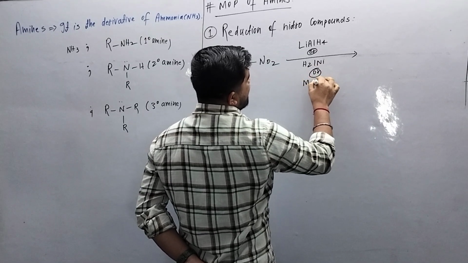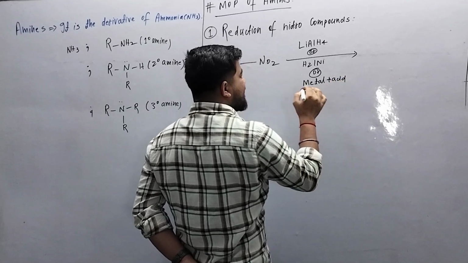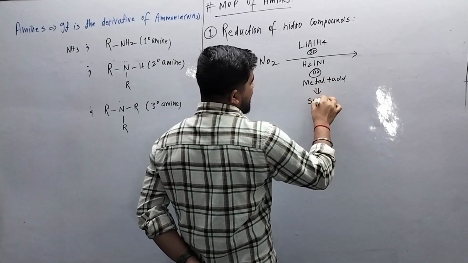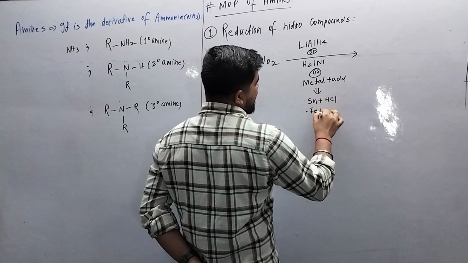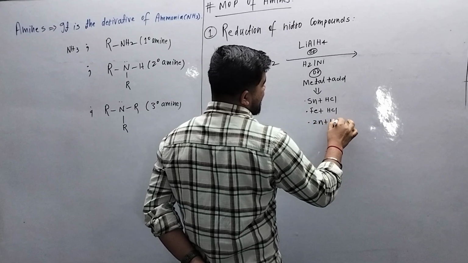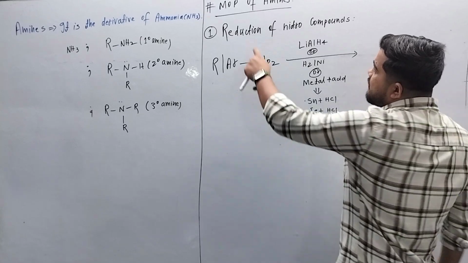Like metal plus acid, we can take examples as Sn plus HCl, Fe plus HCl, Zn plus HCl. And the reaction is reduction.